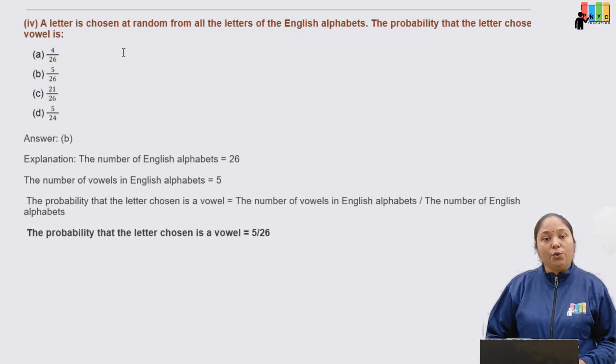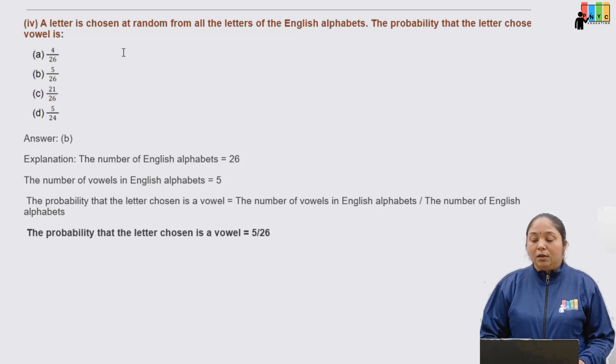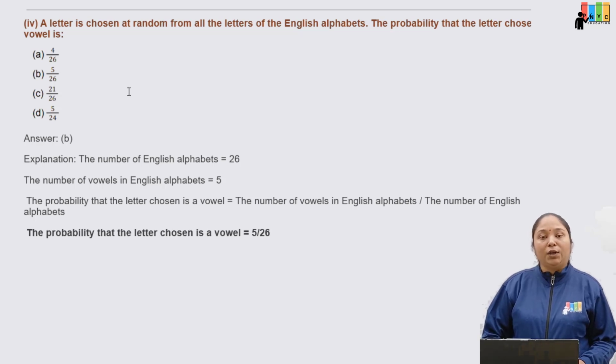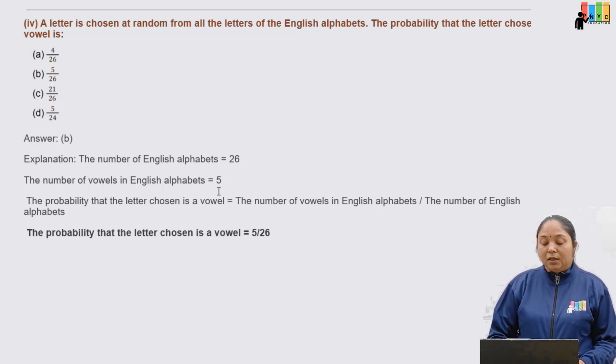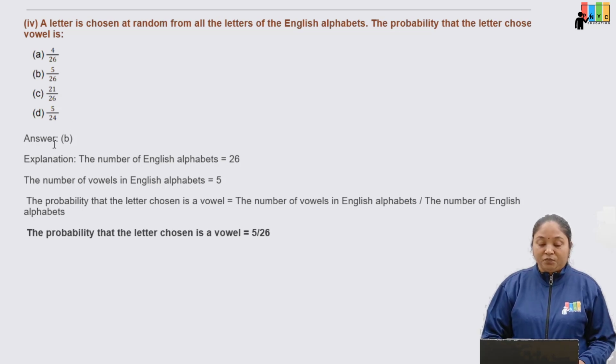A, E, I, O, U. So what will be the probability of choosing a vowel? Probability will be 5 upon 26. That means the number of vowels in the English alphabet upon the number of English alphabets. That is 5 by 26. Correct option is option number B.